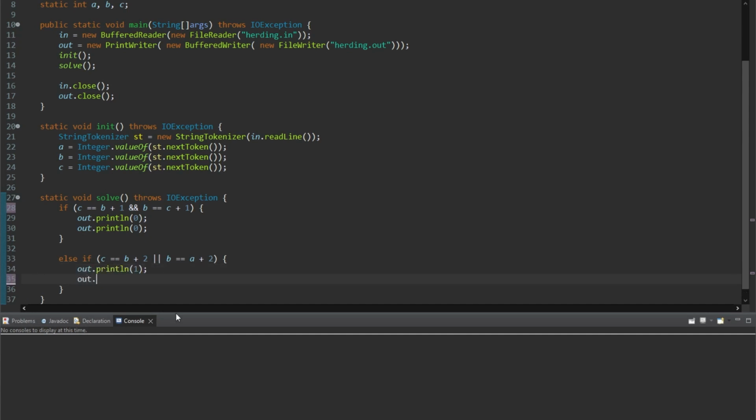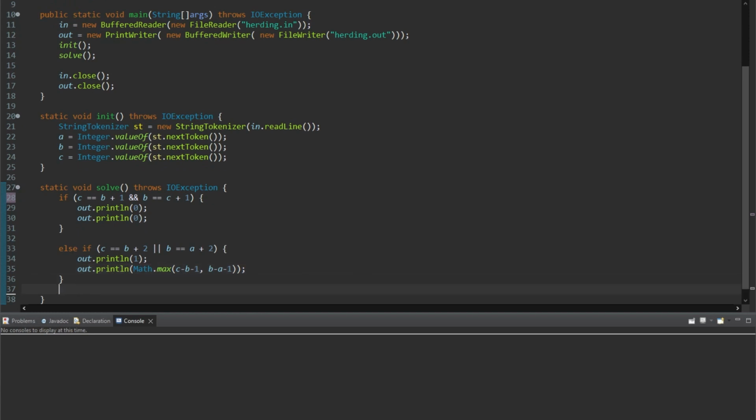But in order to find the max, remember we need to find basically the most amount of times we can go between either A and B or B and C, right? So remember it's B minus A minus 1 or C minus B minus 1. So we need to just find the maximum between those two. So it's C minus B minus 1 and B minus A minus 1. Okay.